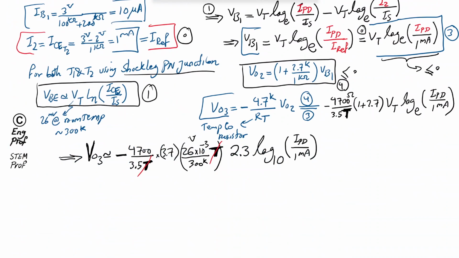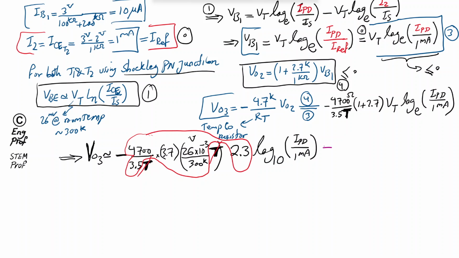And the nice thing is the combination of the rest of the parameters here. When you consider 4,700, 3.5, 3.7, and the rest of the circuit, the rest of the parameters just end up being close to 1. So effectively what we get, I'm going to write with a different color.